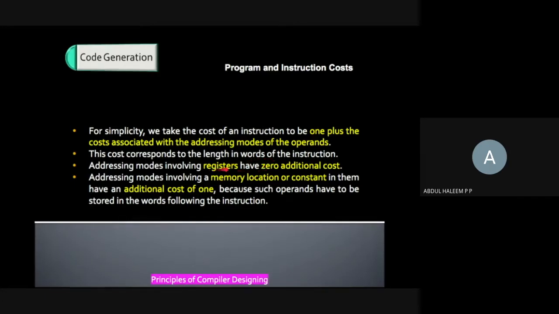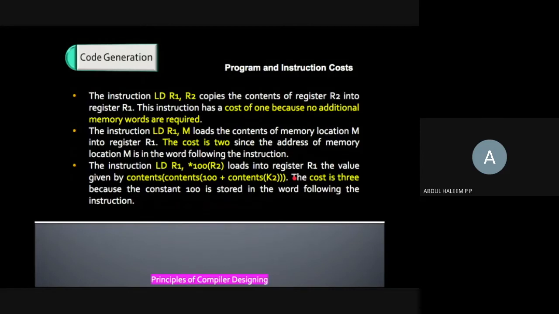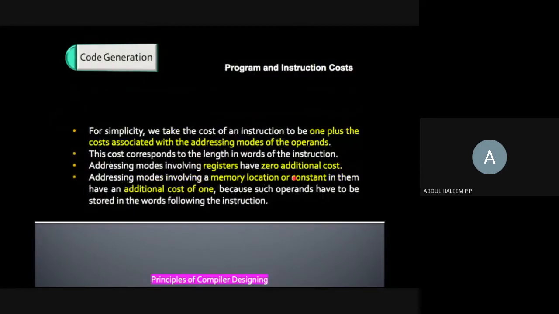Here, if registers are there, then zero additional cost will be computed. If the addressing mode involves a memory location or constant, we can use constants and we can also use memory locations. In that case, an additional cost of 1 will be added. Why? Because such operands have to be stored in words following the instructions.